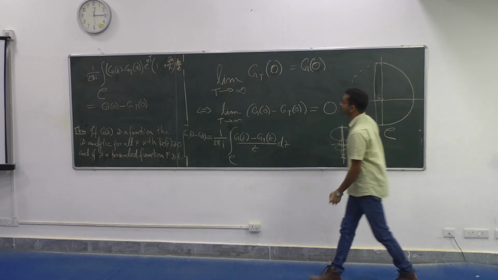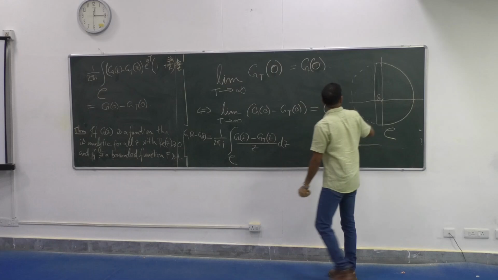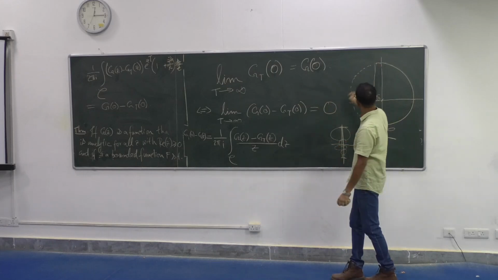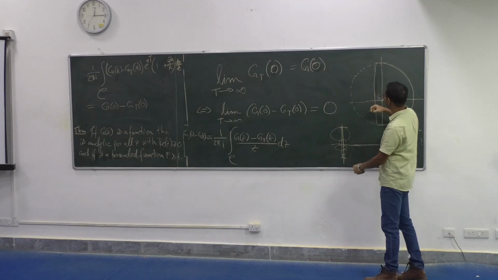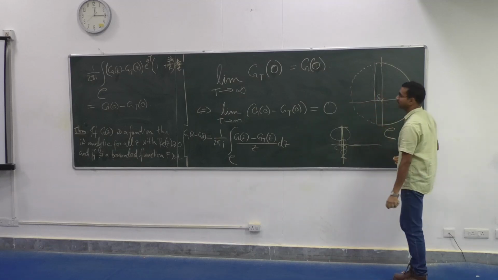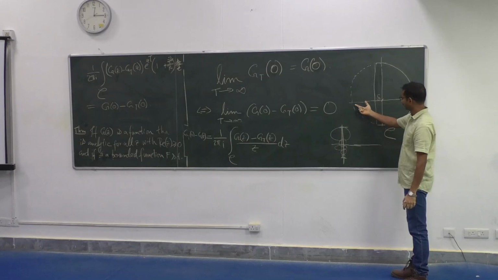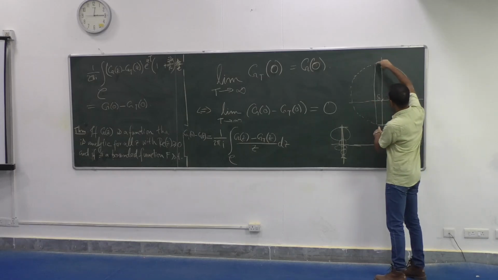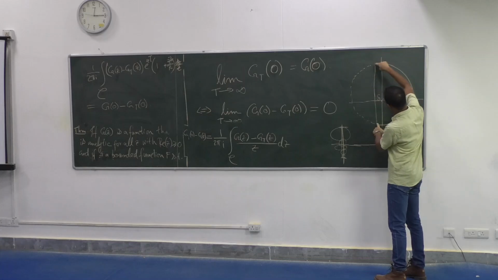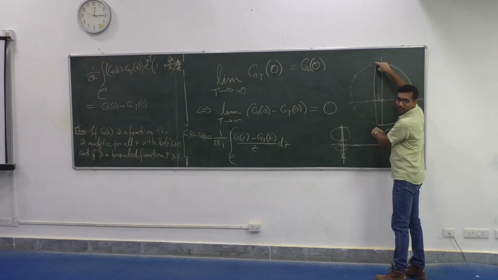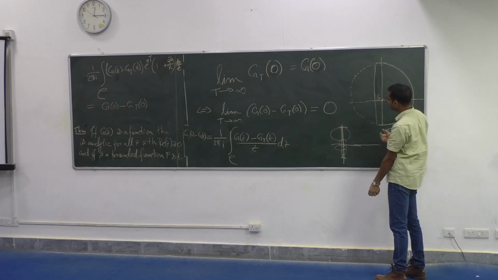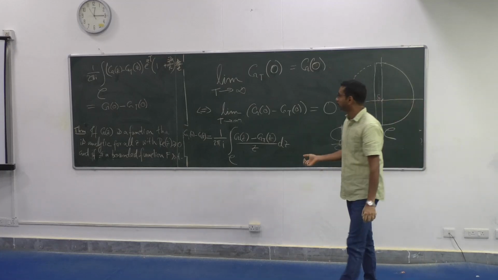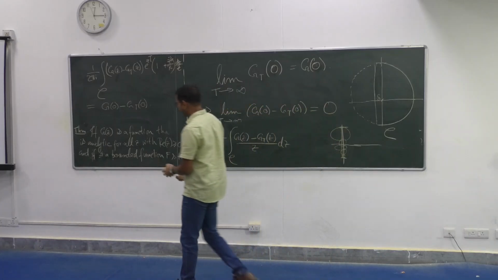And also we'll consider g_t(z) on this one because it will be easier to consider on the negative part of the circle. Since this function is analytic everywhere, we can say that the integral over this is the same as the integral over this one. That is the plan for proceeding with this theorem.